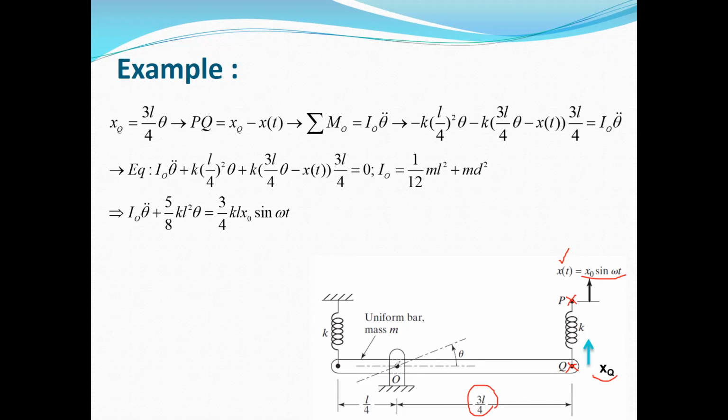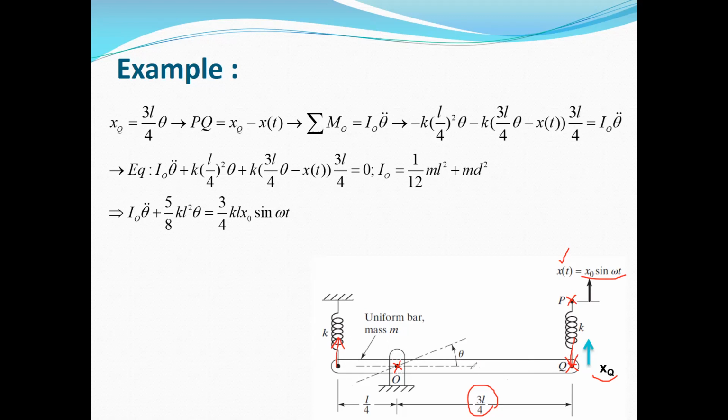So to extract the equation of motion for this bar, we write the moment equation, or Newton's second law, about point O. If you plot the free body diagram, and assume that this bar is rotating in the theta direction, we will have one force here due to the spring PQ, and also one force here due to the left spring.